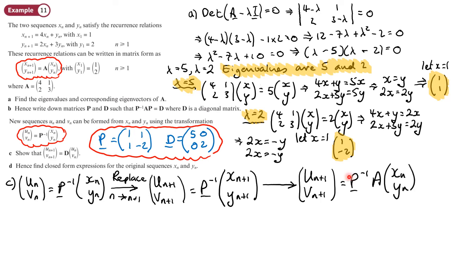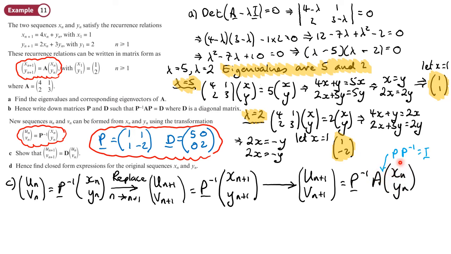Okay, let's think about what we want to do next. Well, I actually want to end up with D here, and I know D is equal to P inverse AP, and I've got the P inverse A. Now, what if I multiplied by P inverse here, which is basically the identity? So if I multiplied by P and P inverse, which is the identity, this doesn't change it. That's what it actually means.